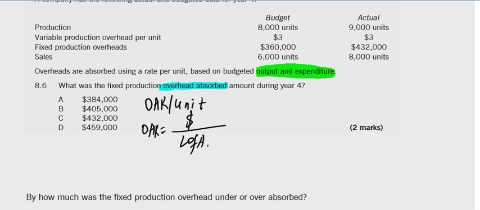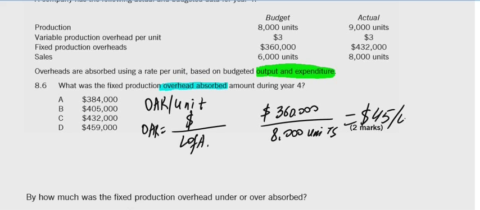So the budgeted cost is $360,000 over 8,000 units, which is $45 per unit.